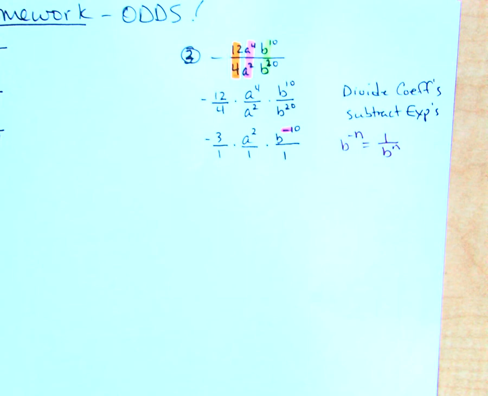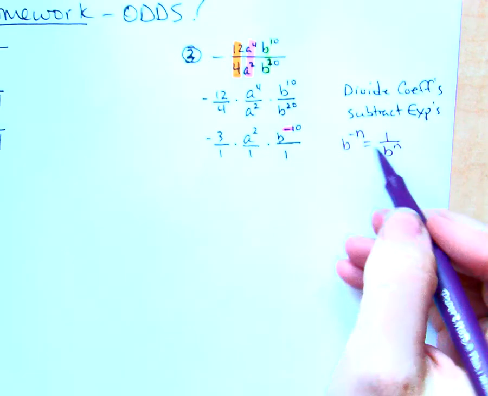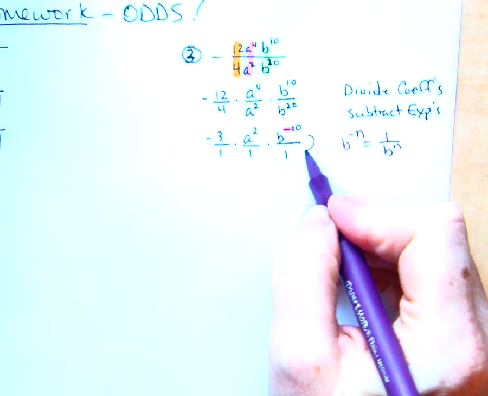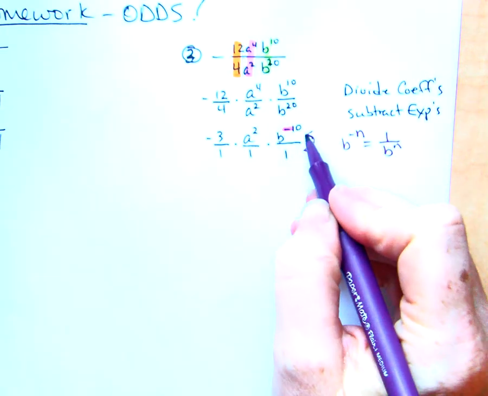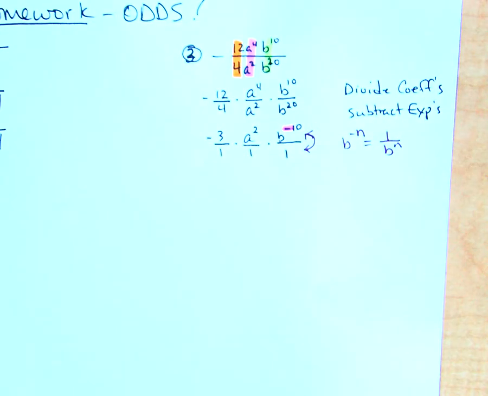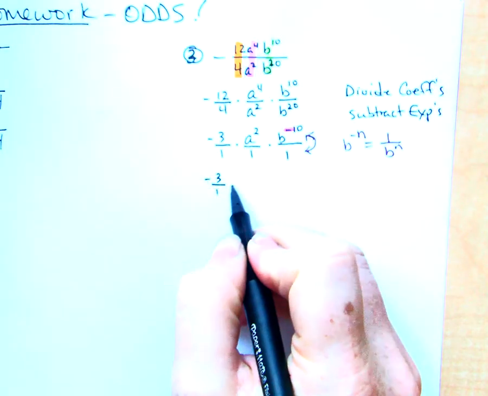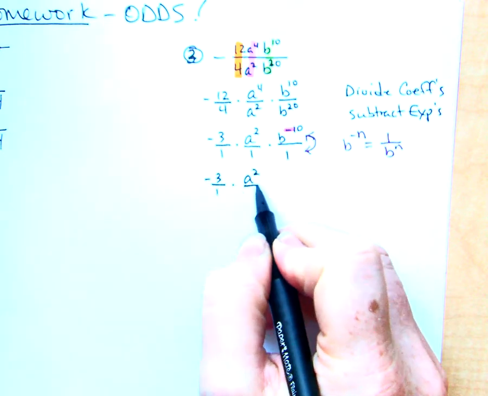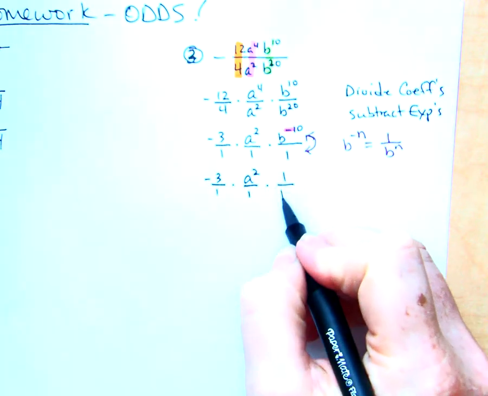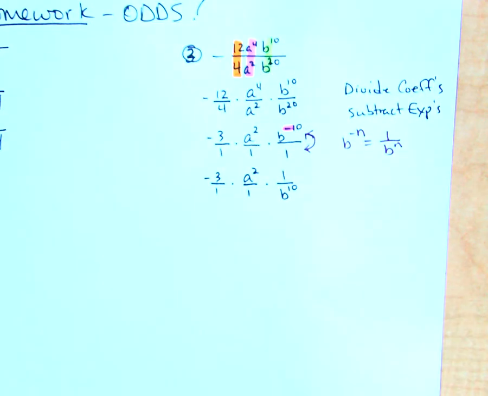That's necessary because my final answer cannot have a negative in the exponent. So at this point, I need to use this rule and flip this to make the exponent positive. So this becomes negative 3 over 1 times a squared over 1 times 1 over b to the positive 10.